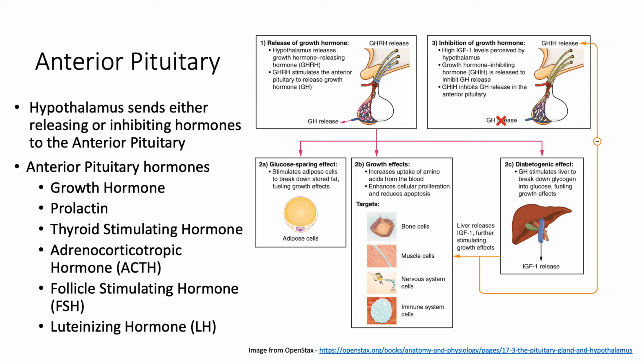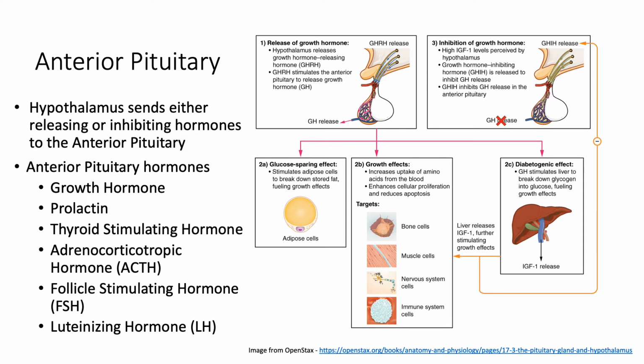Growth hormone, which obviously is about cells dividing and growing. Prolactin is actually the hormone that causes milk production and letdown in breastfeeding mothers. Thyroid stimulating hormone stimulates the thyroid to make its hormones.